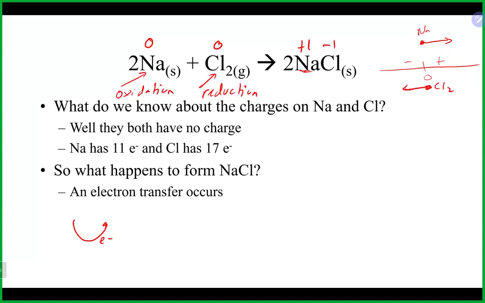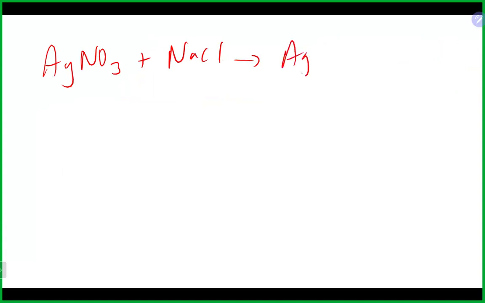So just to illustrate that, we go back and take a look at that example. That was silver nitrate plus our sodium chloride going to silver chloride and sodium nitrate. If we just look at the oxidation states or charges, everybody on each side, silver is +1, the nitrate's -1. Sodium is +1, the chloride's -1. Silver is still +1, chloride's -1.